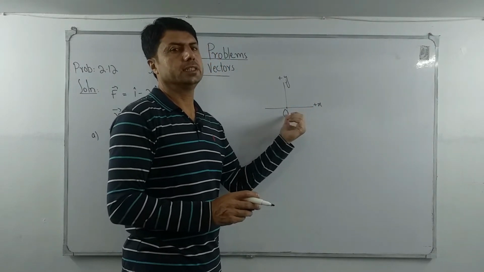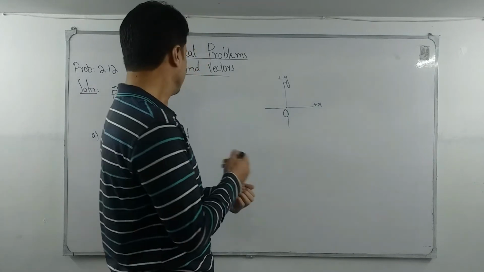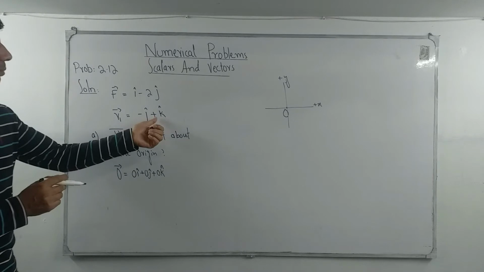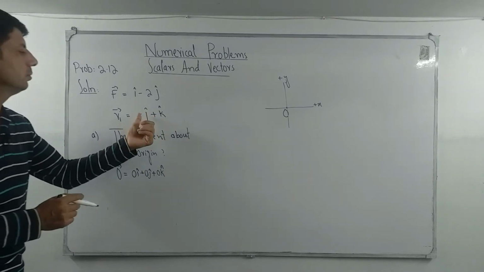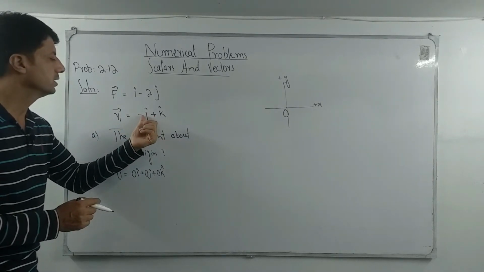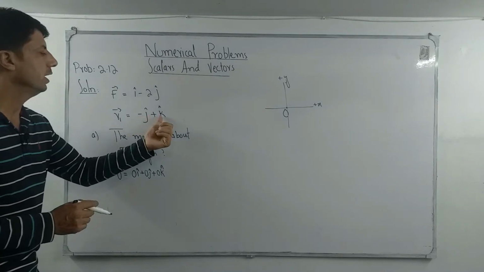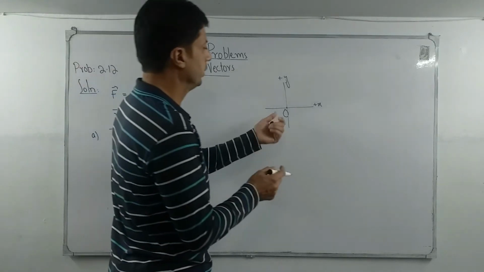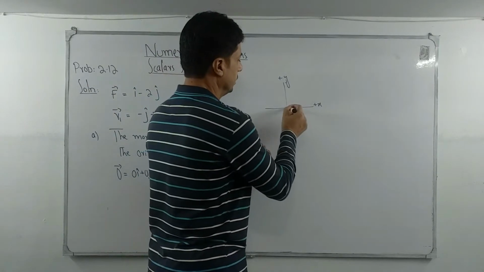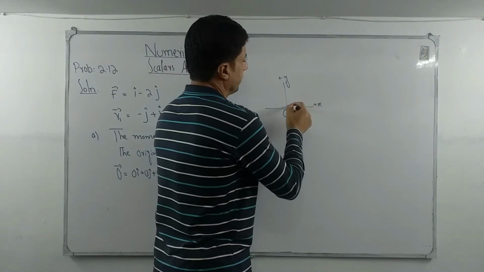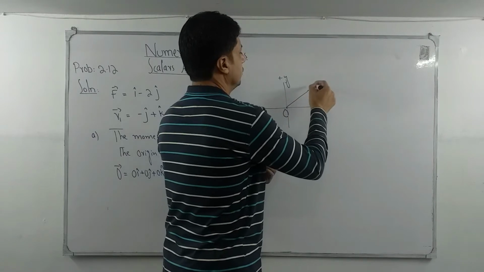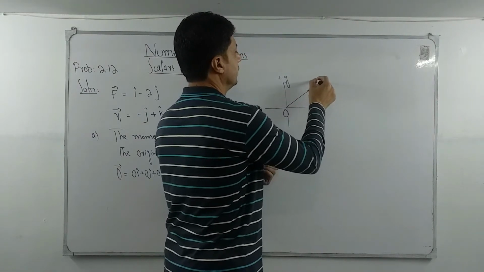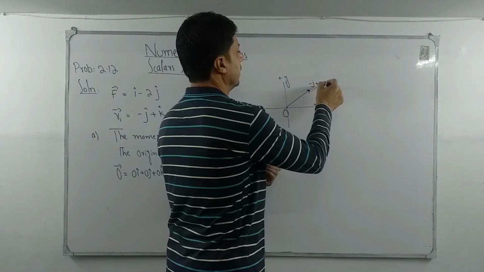And the position vector minus j plus k means that the y component is negative and the z component is positive. Let's say this is the position vector at this point, and it is minus j plus k.